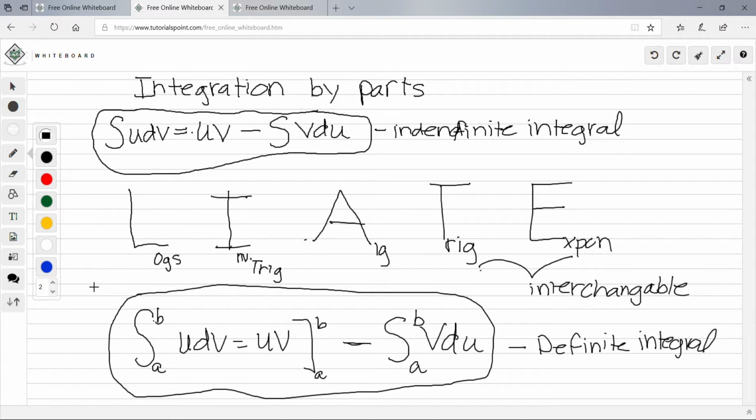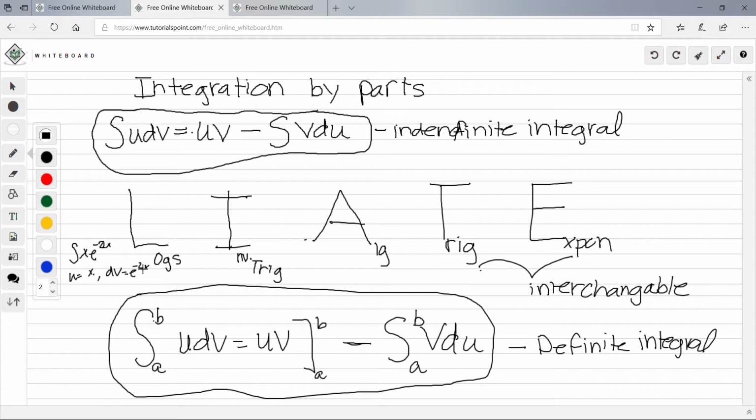An example would be the integral of x e to the negative 2x. This is our first example. Our u would be x, and our dv is the e to the negative 2x.